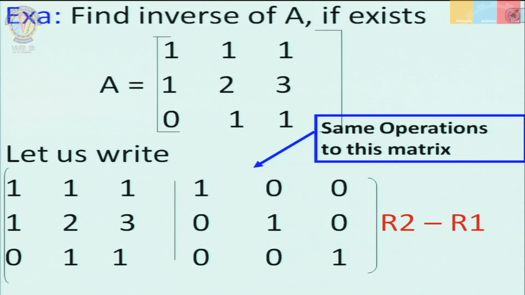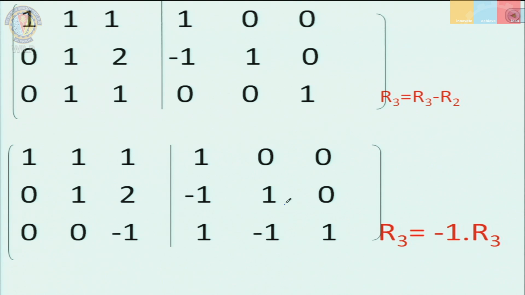Whatever elementary operations we use on the matrix A, the same operations must be used at the same time on the matrix I also, that is very important. So, look here, we are making this 0, replacing R3 by R3 minus R1.